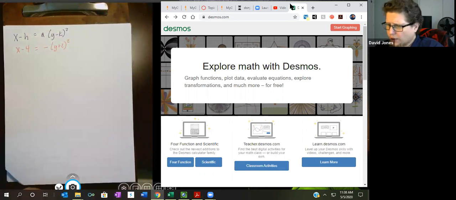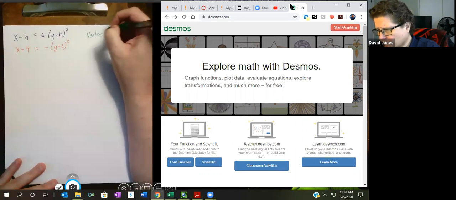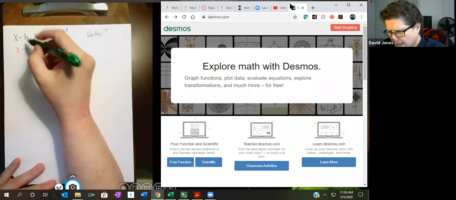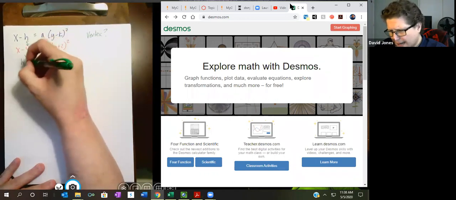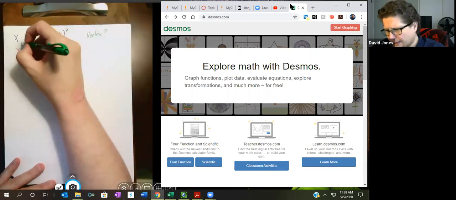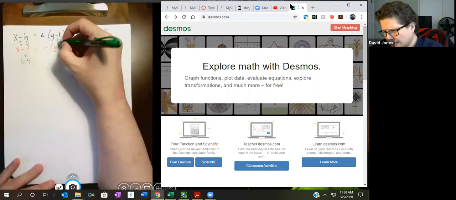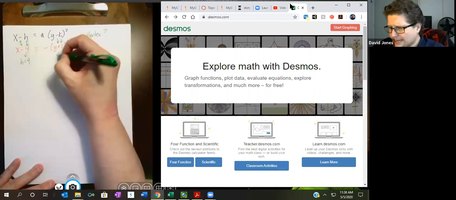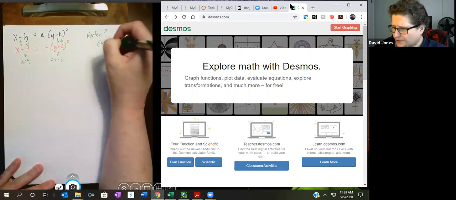So the first question is, what is the vertex? Well, here, these two must match up, which tells me h equals 4, because the minus signs already match. Here, the minus sign has to change to a positive, so that means k has to be negative 2. And we get a vertex at (4, negative 2).